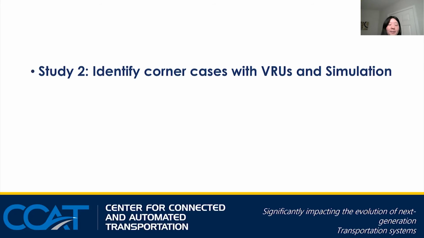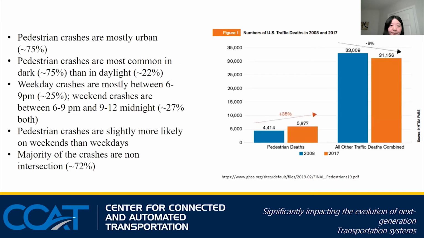So how we can utilize these data-driven methods to identify challenging cases for the interaction of the vehicle with other road users is also one of the big interests of this topic. Because this is ongoing, I will share some of the status and the results based on our current findings.